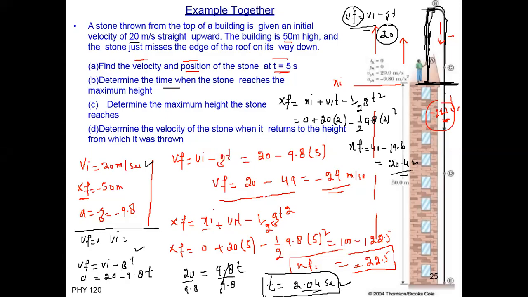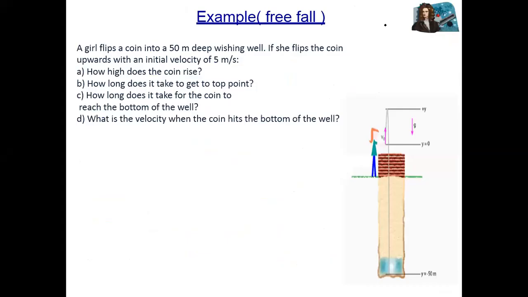Okay. Clear. Okay, I will solve one another example, same from free fall, because there is only one question for tomorrow from free fall. A girl flips a coin into a 50-meter deep wishing well. If she flips the coin upward with an initial velocity of 5 meters per second. So first of all, write down what is given in this question.